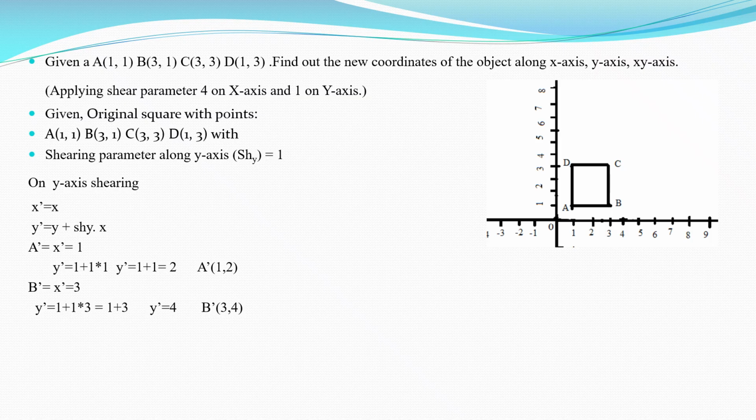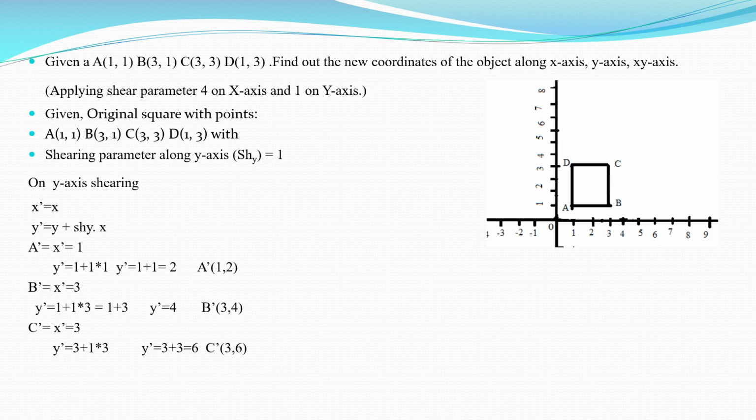And B dash: B is x of 3, y of 1. Applying the shearing on the y-axis, 1 plus 1 into 3. The shearing of y is 1, and y is shearing of y into x, where the x value is 3 for B. So 1 plus 3, and y we got 4. 3 comma 4 is your B dash.